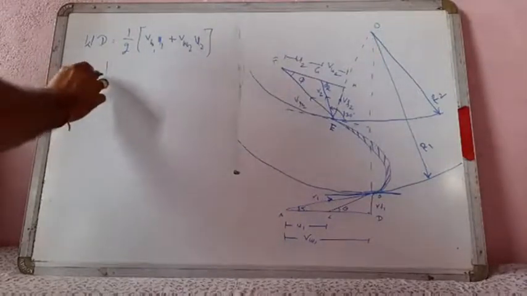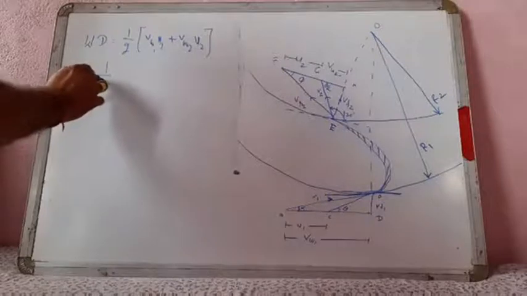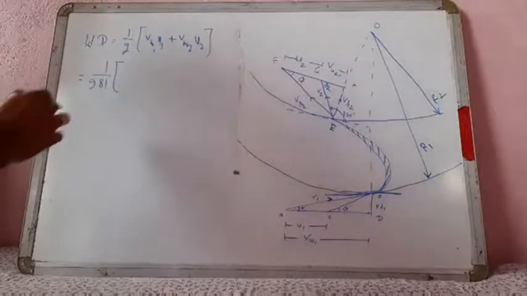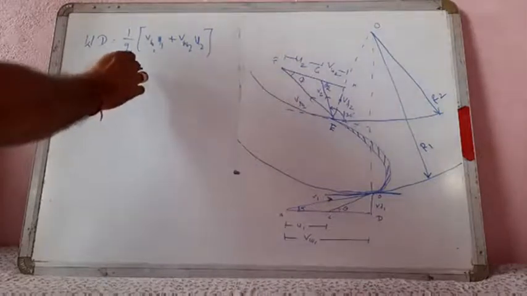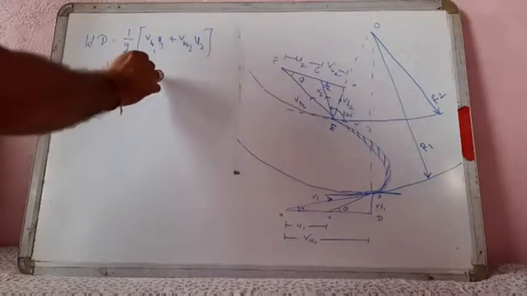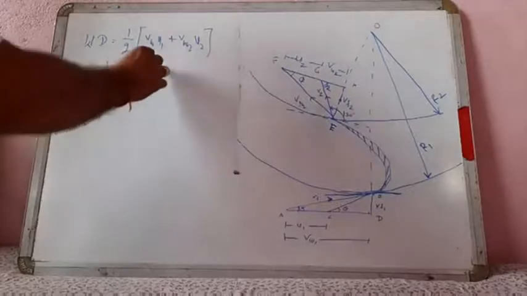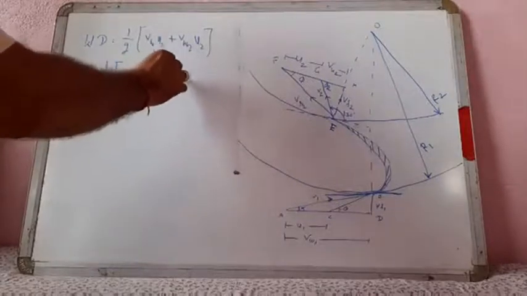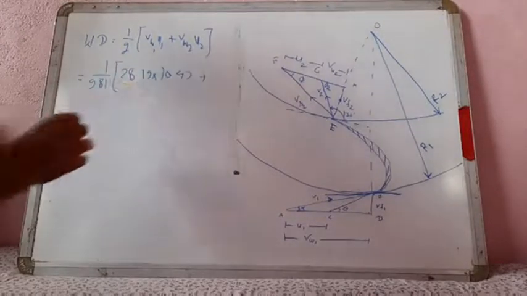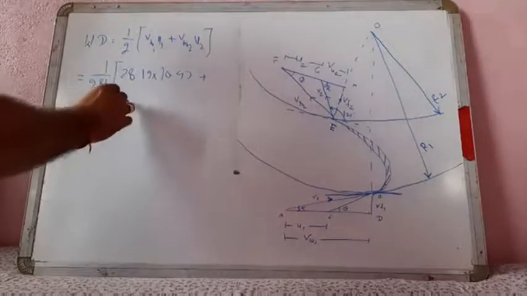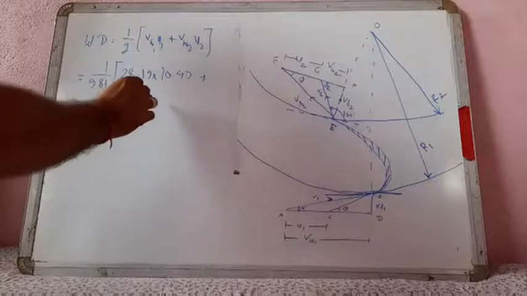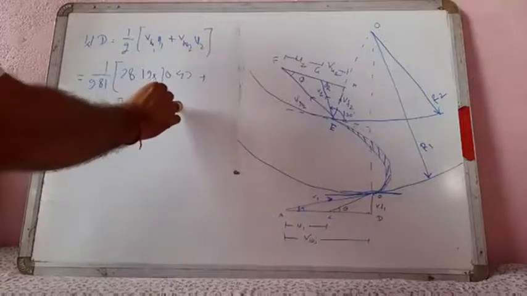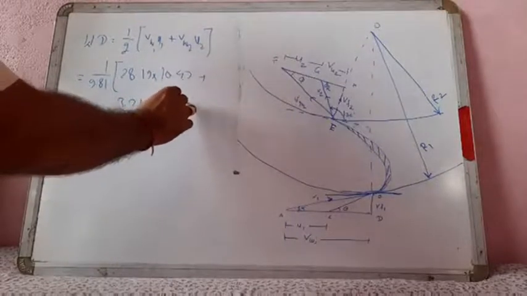Putting the values here, 1 by 9.81 into (28.19 into 10.47 plus 3.214 into 5.235).